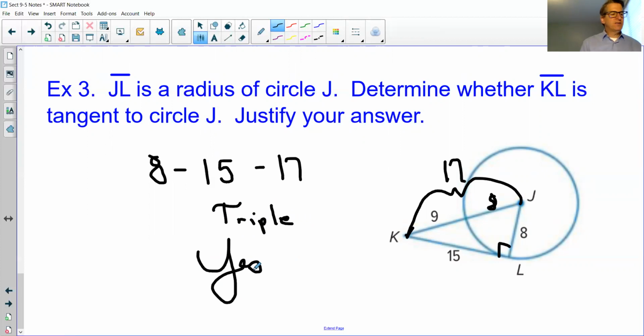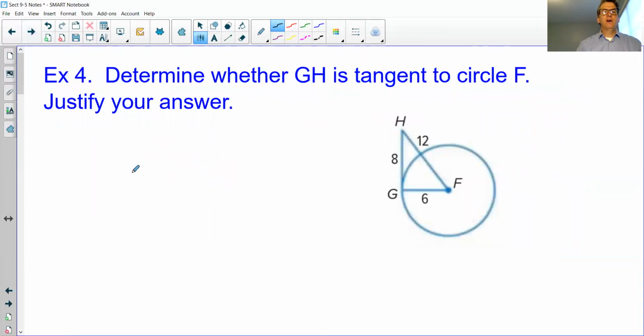All right, moving on to the next page. Example 4, tangents. Determine whether GH, right here, is tangent to circle F. Justify your answer. All right, let's get started. So we got ourselves GH, which is 8.